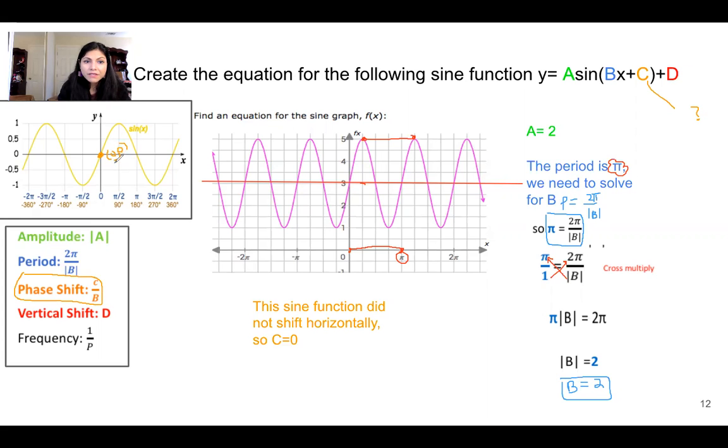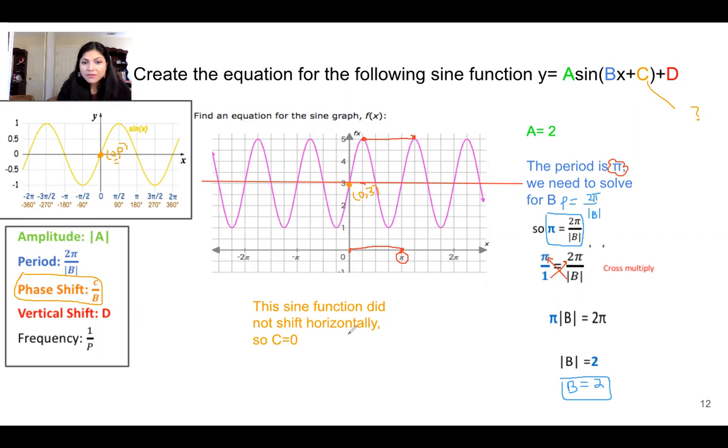That means if your x value is different from where you start off in your sine function. I noticed that this sine function starts right here, and it specifically starts at 0, 3. Notice how the x value is still 0. That means there was no side-to-side shift. This function did move up from the parent function, but it did not shift side to side. So C is going to be equal to 0.